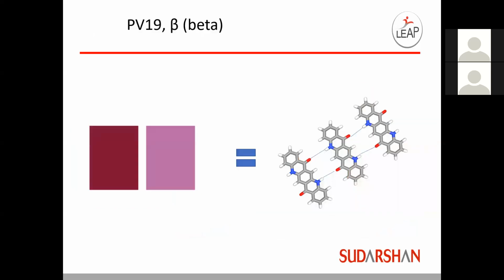And then similarly with the beta crystal for the violet 19, this is the more simple of the two crystal structures, where each individual molecule is only connected to 2 other molecules in that crystal shape. So the actual crystal structure is much more simple and provides that blue shade and more transparent type of pigment in the end application.